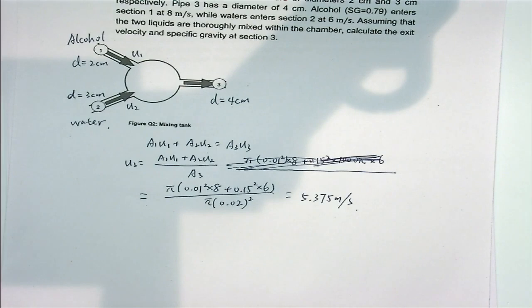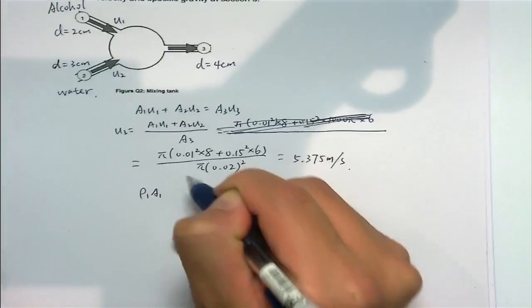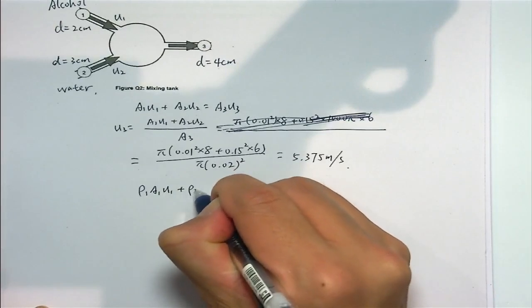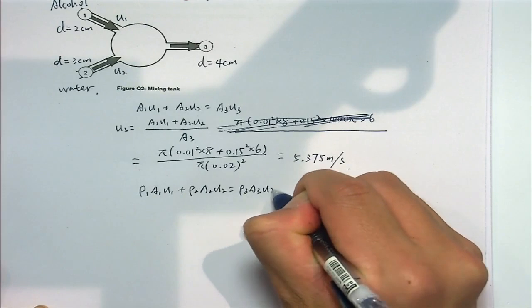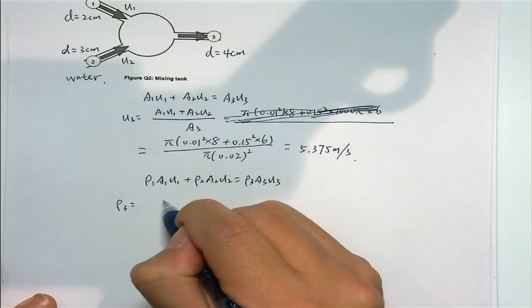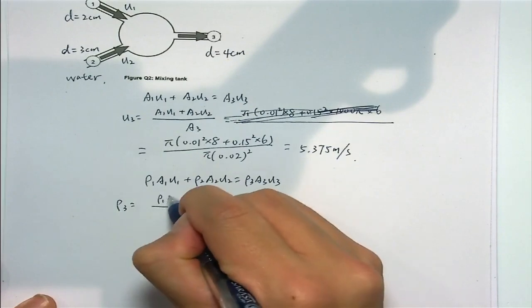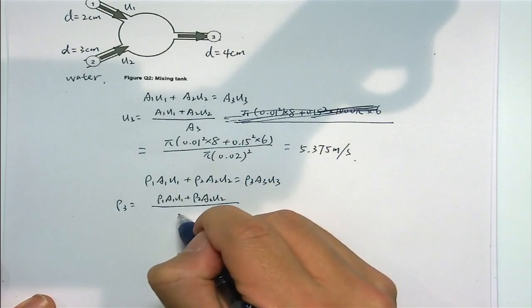And then how to calculate the specific gravity? Use mass flow rate. So using the continuity equation for the mass, we got rho 1 A1 U1 plus rho 2 A2 U2 equals rho 3 A3 U3. And thus we get rho 3 is rho 1 A1 U1 plus rho 2 A2 U2 over A3 U3.